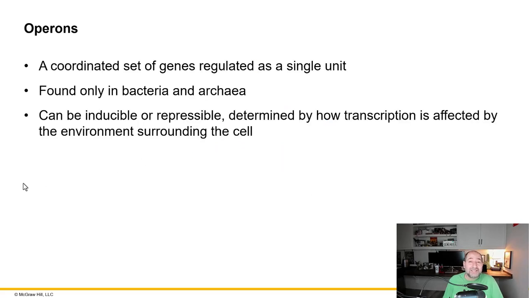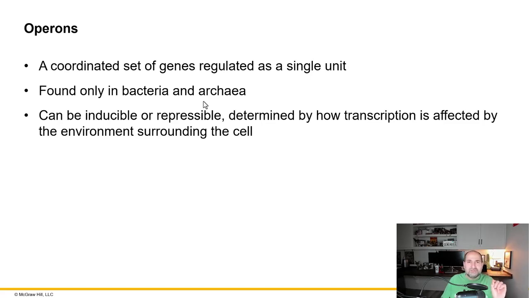Now for our second big difference between gene expression in bacteria versus gene expression in eukaryotes. And this is the presence of what are known as operons. Operons are coordinated sets of genes regulated as a single unit. Operons are only found in bacteria and archaea, so they are specific to prokaryotic cells.